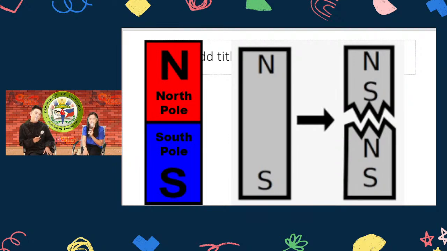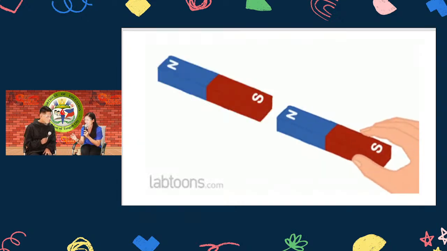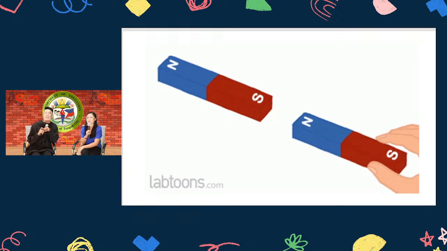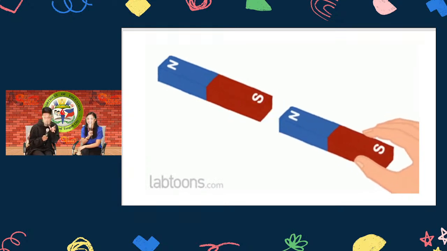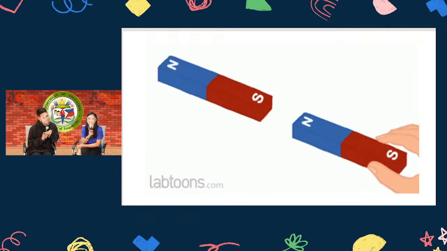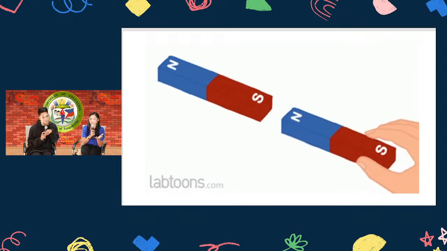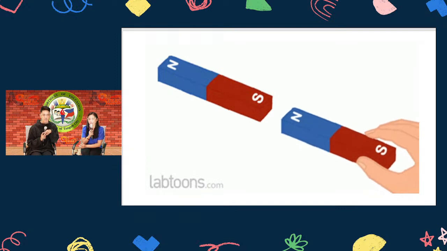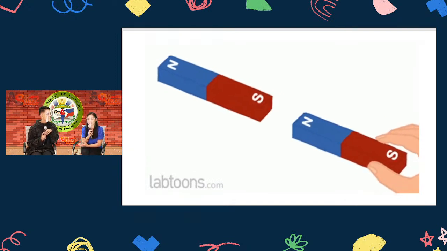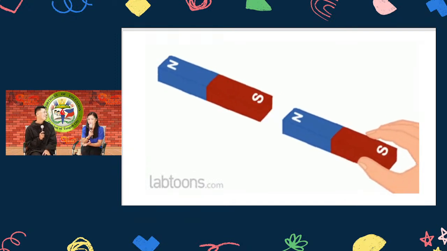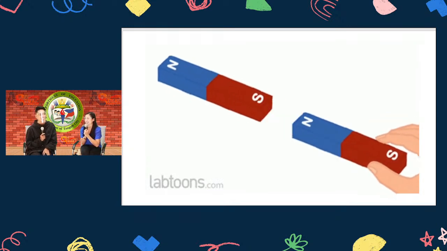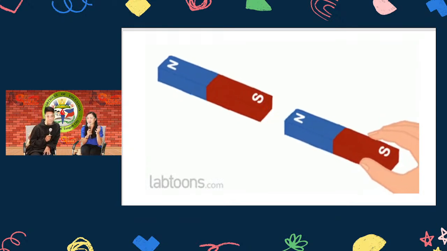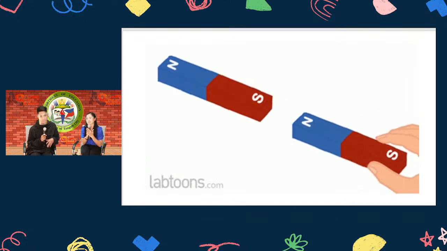Another principle of magnetism is that opposites attract. In other words, in magnets, like poles repel, opposite poles attract. When the north pole of a magnet is placed near the south pole of another, or vice versa, they will attract each other because they are opposites.